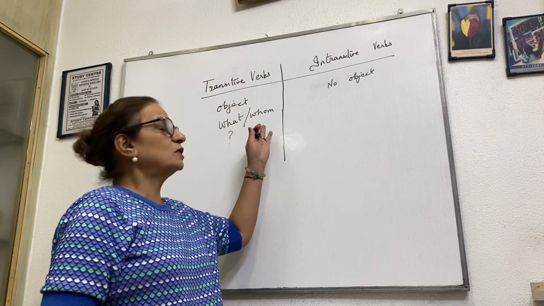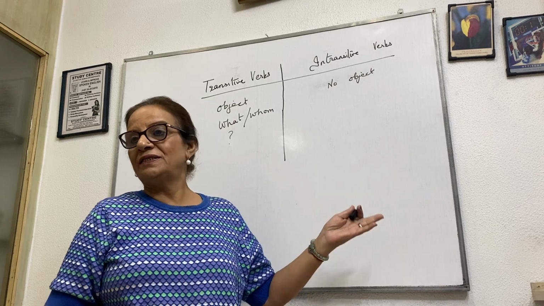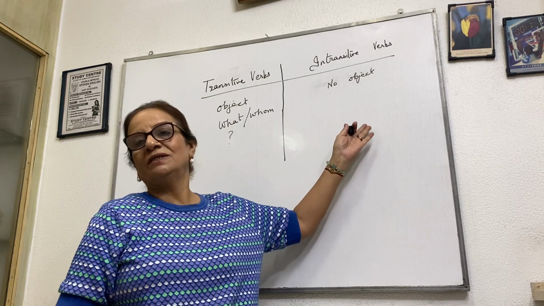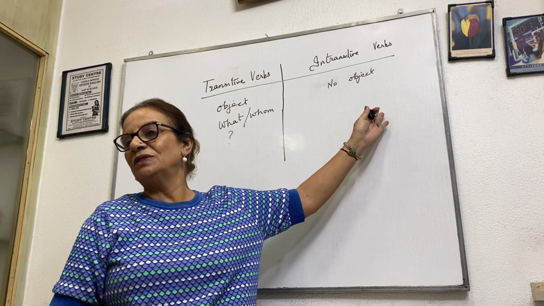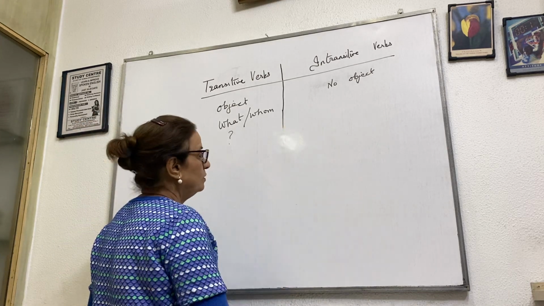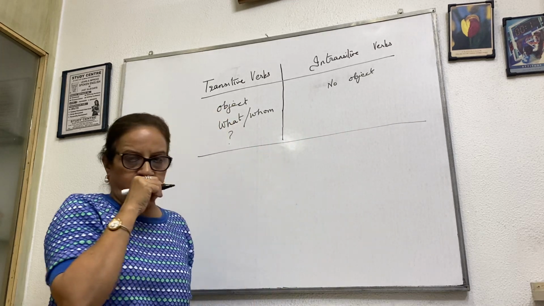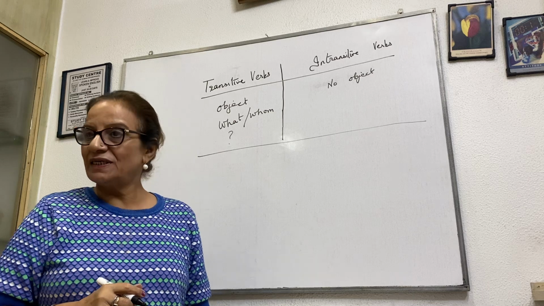If it answers the question whom, for whom, by whom, then it is transitive. If it cannot, it is intransitive. So this is the difference between transitive and intransitive verbs. Is it clear?